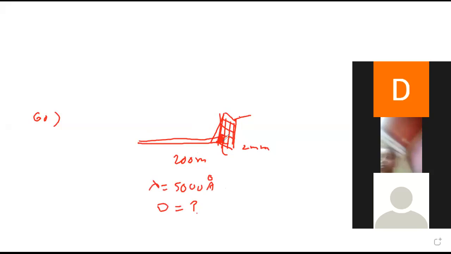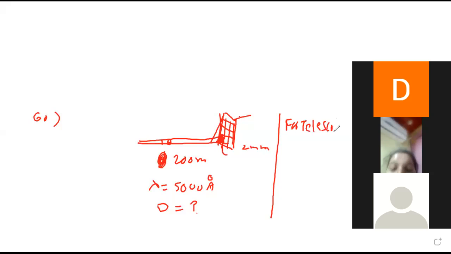Wire mesh 2 millimeter apart at distance of 200 meter is seen through a telescope whose diameter D is to be calculated. Lambda is 5000. So for the telescope, theta equals 1.22 lambda upon D, which equals opposite side y upon x.